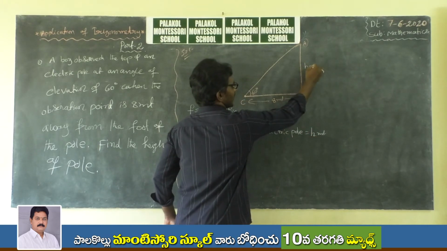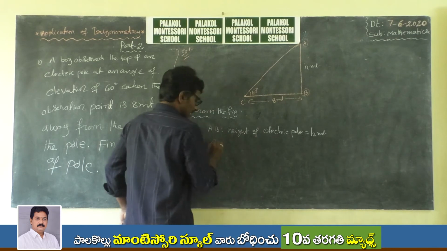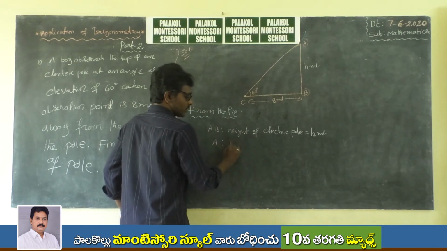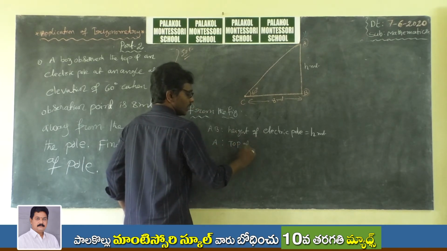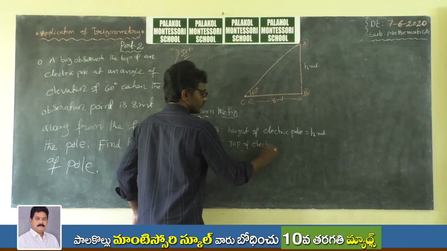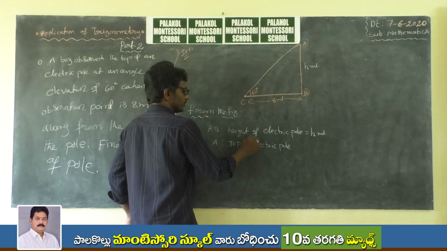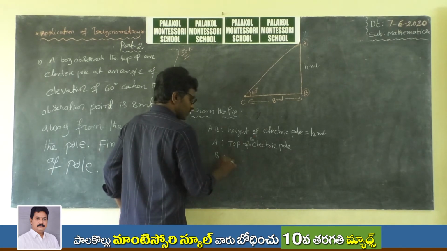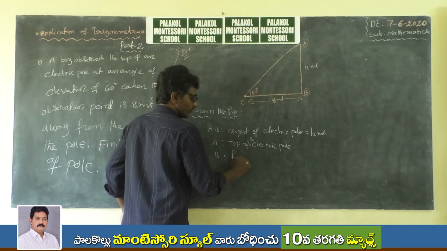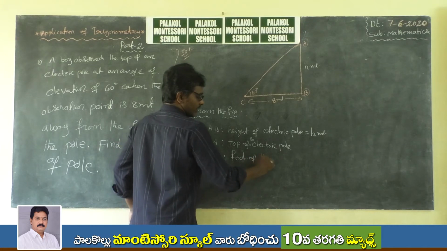This one you say H meters. In this case, A means top of the electrical pole, and B means foot of the electrical pole.